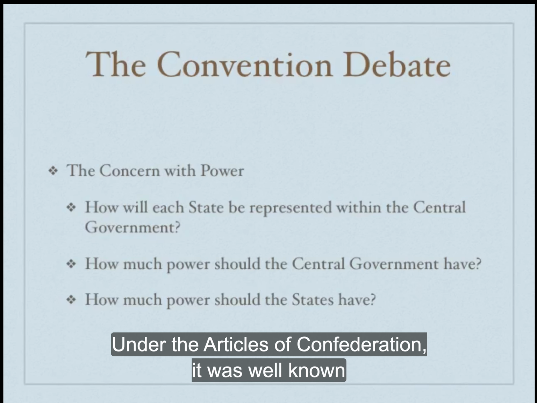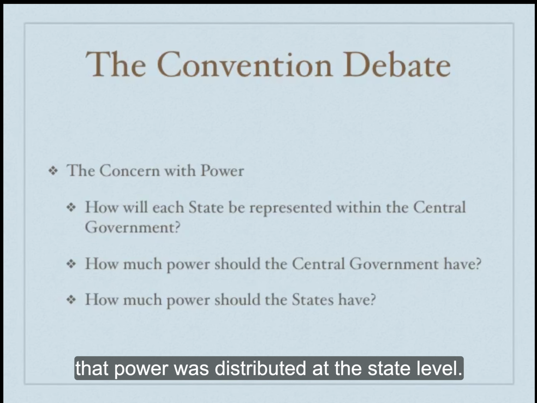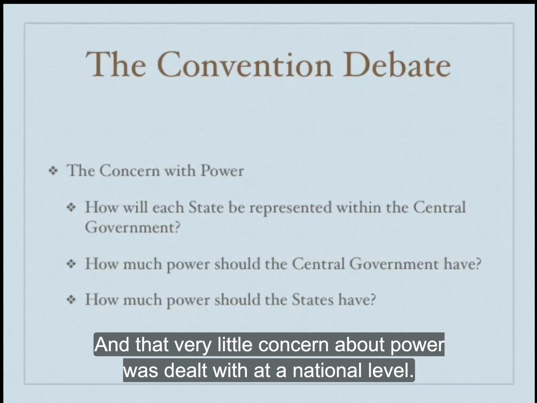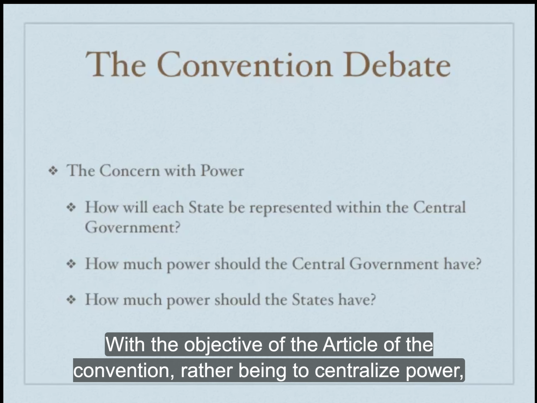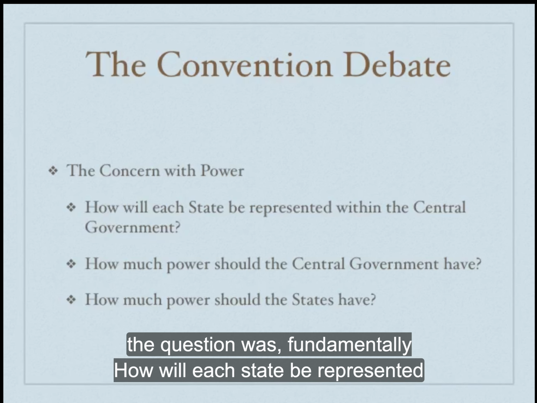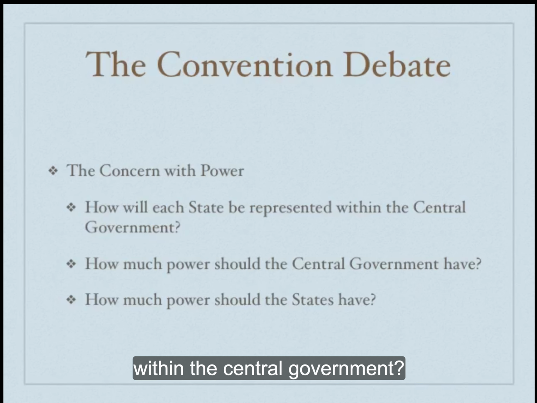Under the Articles of Confederation, it was well known that power was distributed at the state level and that very little concern about power was dealt with at a national level, with the objective of the convention being to centralize power. The question was fundamentally, how will each state be represented within the central government?